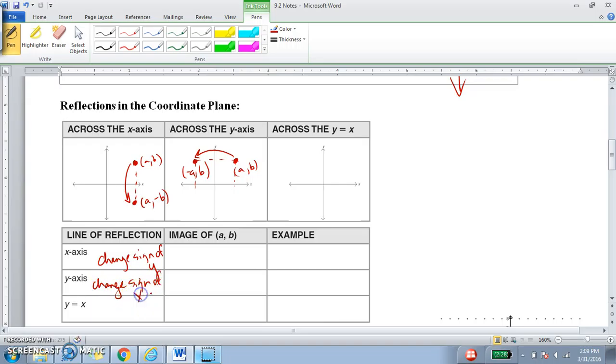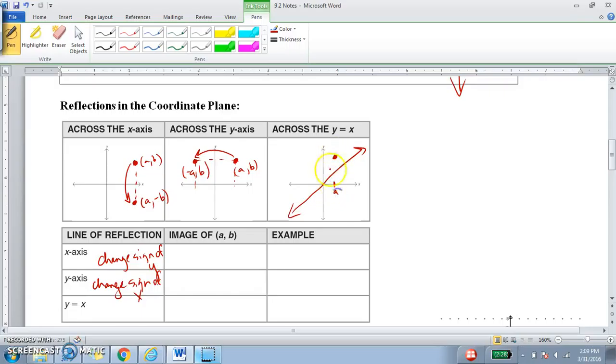And if I reflect over the line y equals x, the line y equals x is just a diagonal line that goes straight through. The slope is 1, so it just goes right diagonally across the coordinate plane. This one's a little bit trickier. So if I have a point, we'll put it right here.